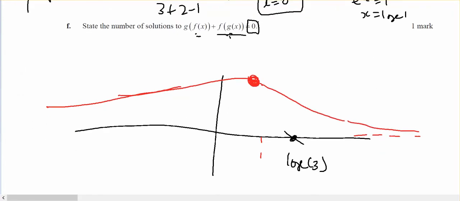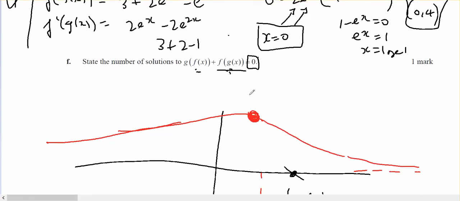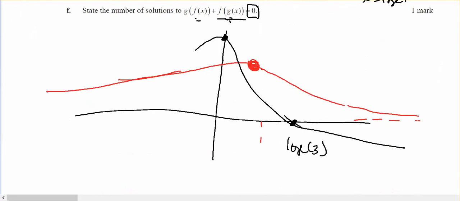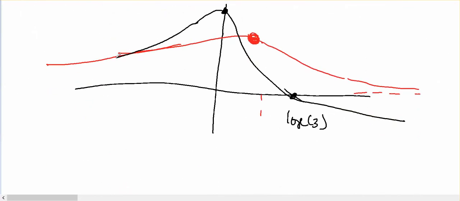And there's only one stationary point. Therefore, at 0, 4 has a turning point, which means it must go down like this, and this must go back down, but it only has one x-intercept, there it is there, and it only has one stationary point, so this must stay as positive.